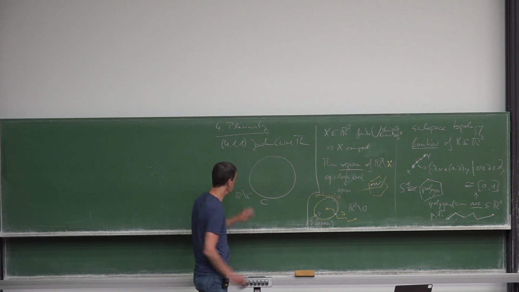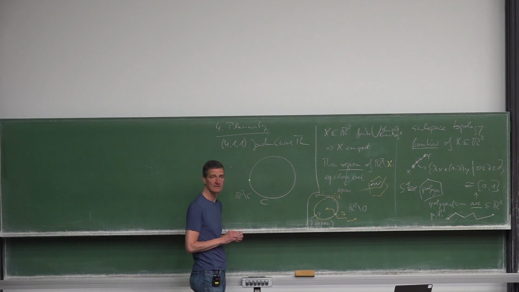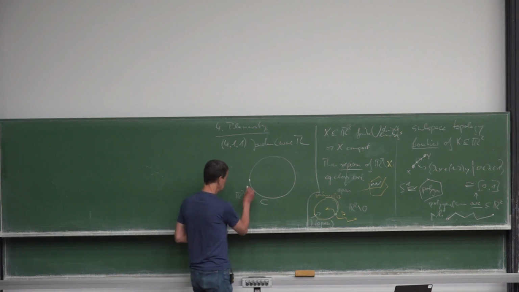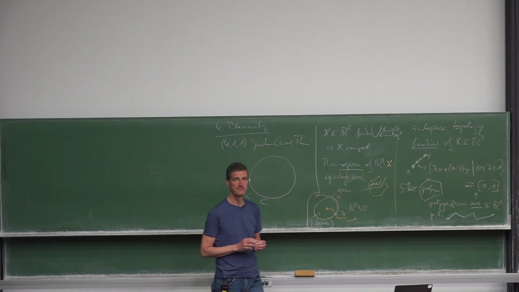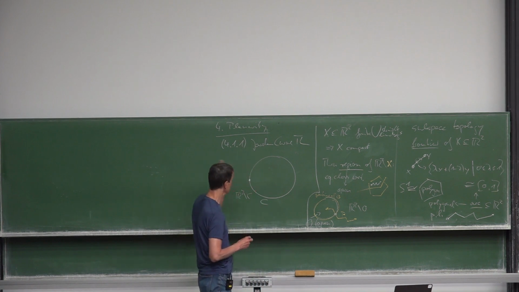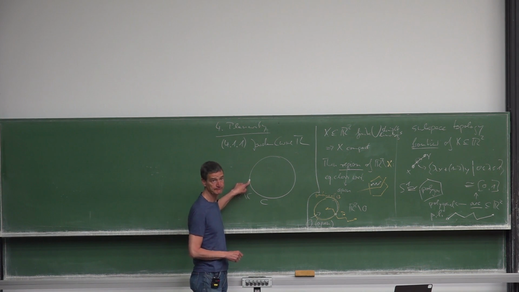And it claims one more thing. It says that every point of C lies on the frontier of both these regions. Right? So there are two regions, exactly two regions, and every point lies on the frontier of both.